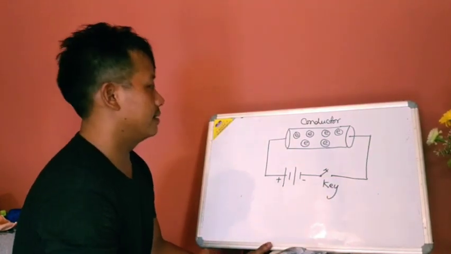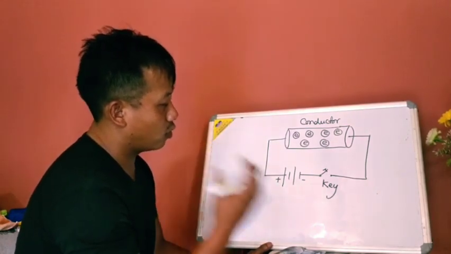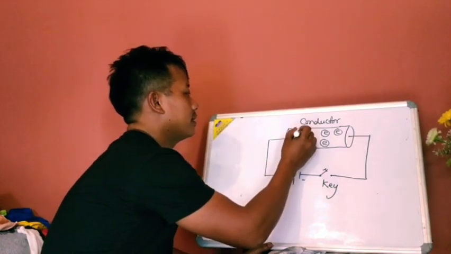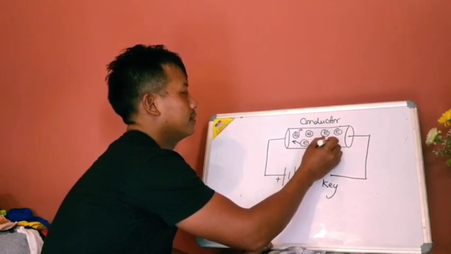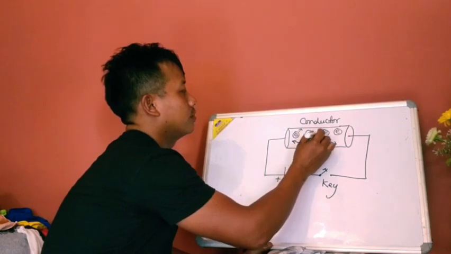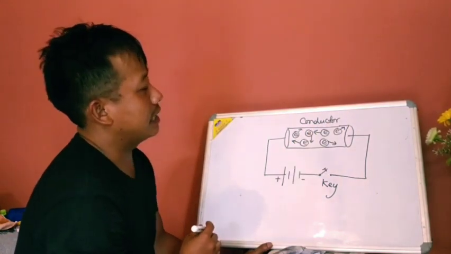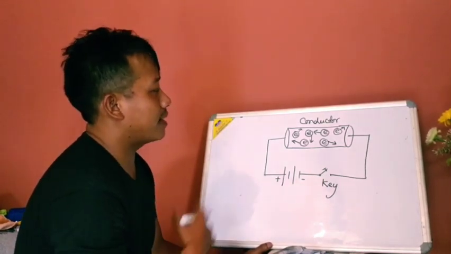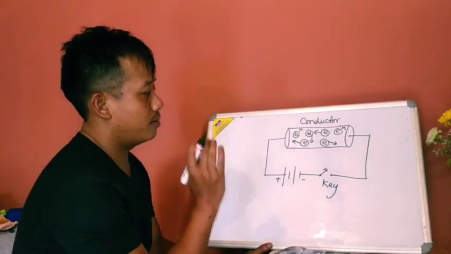Under this condition, when no current, no electric field or no potential difference is applied, the electrons in the conductor are randomly directed.